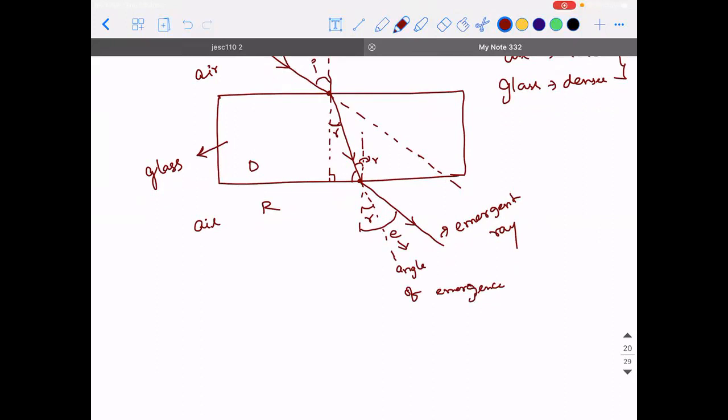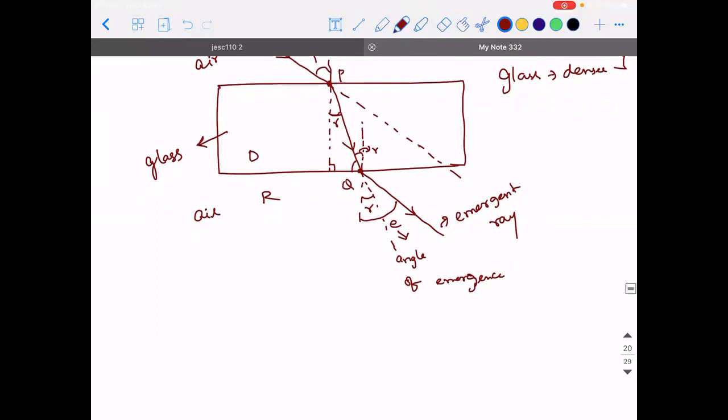No, sir. Okay. Now, there are 2 points of incidence, P and Q. If I apply Snell's law at point P, what are we going to get?